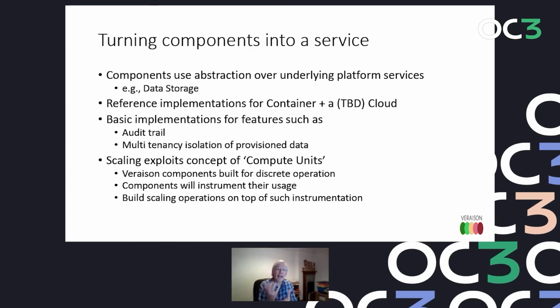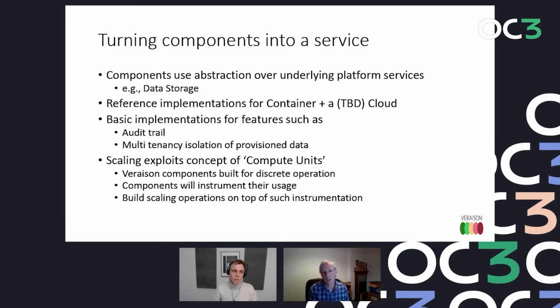Okay, so the output of the project are the components I've talked of, the pipelines, the formats. But you need to turn that into a service. So there will be reference implementations for containers and a public cloud, and that will be built over an abstraction.